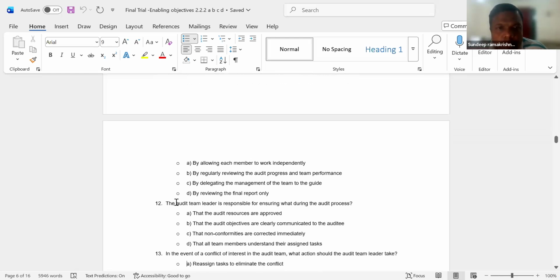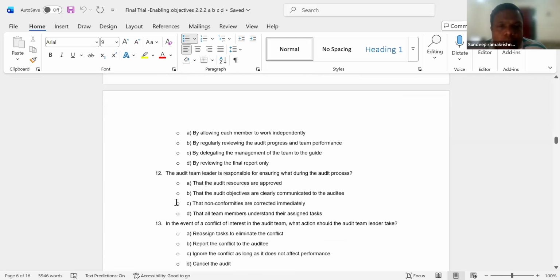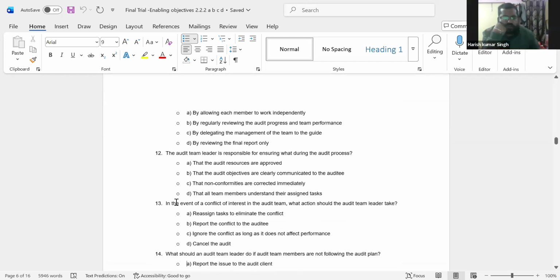Okay, 12th question. The audit team leader is responsible for ensuring what during the audit process? A. That the audit process are approved. B. That the audit objectives are clearly communicated to the auditee. C. That non-conformities are corrected immediately. D. That all team members understand their assigned tasks.